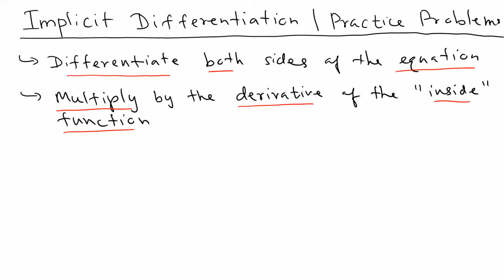Actually, before that, we have some notations that we can use for the derivative of the inside function. We commonly use dy by dx, and also to save time, we use the prime notation, which is the most common in problems. Also, if you differentiate the z variable with respect to x, you have dz by dx.